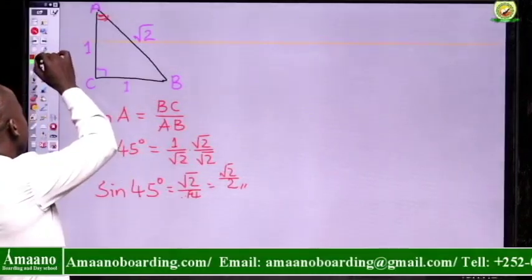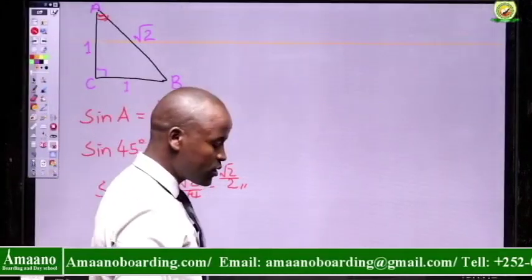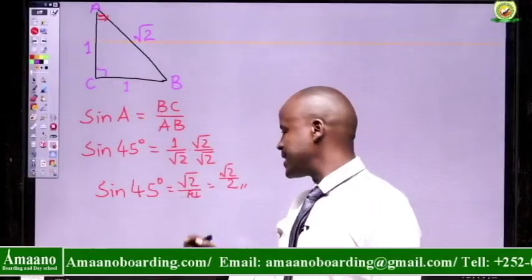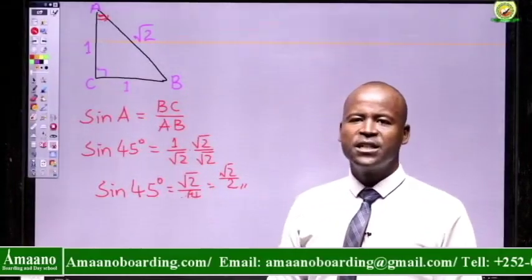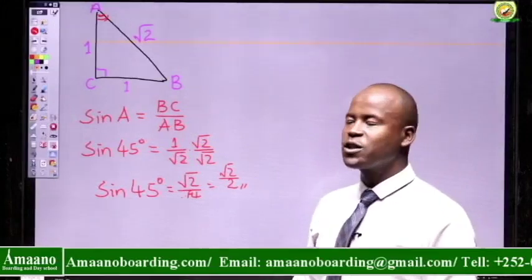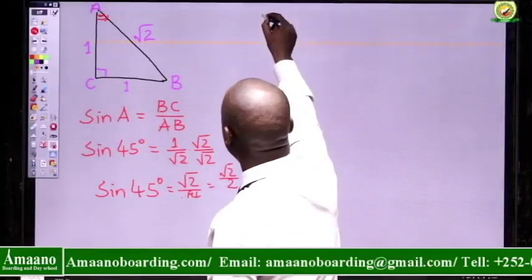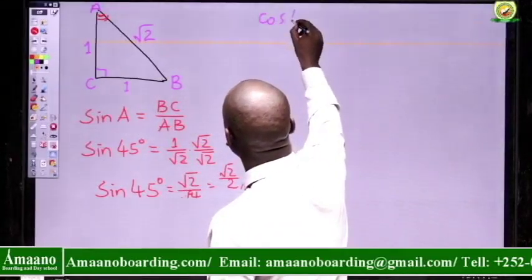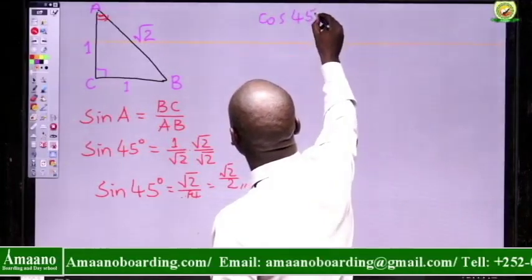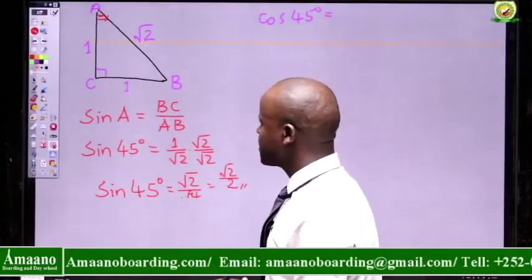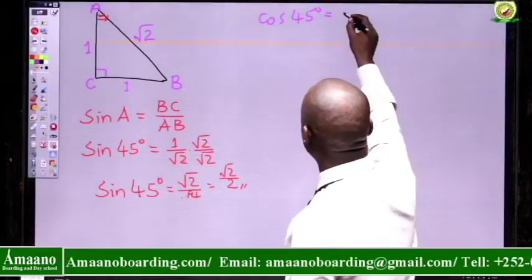Now let's see cos 45. Sine 45, as I said here, is the square root of 2 divided by 2. So cosine of 45 degrees is equal to adjacent divided by hypotenuse.